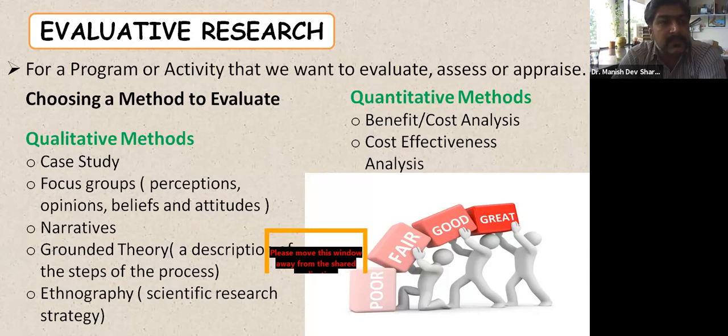So this is choosing a method, you can say, to final evaluation. So there are two methods. One is called qualitative method and the other is called quantitative method.